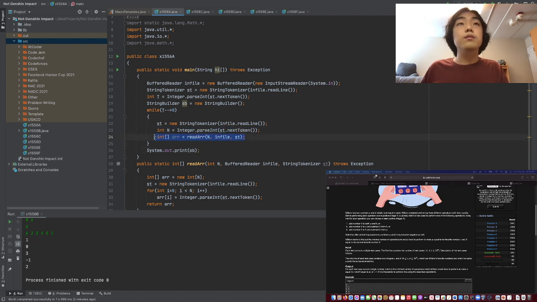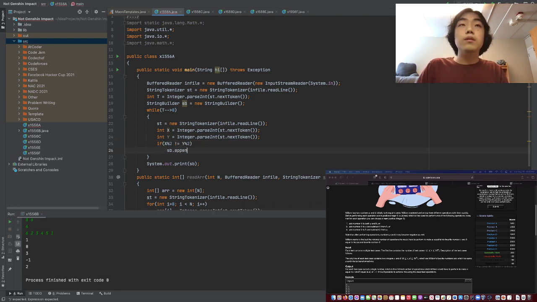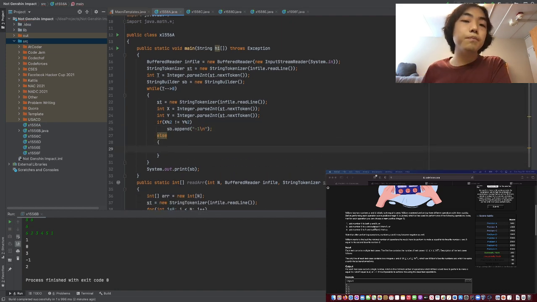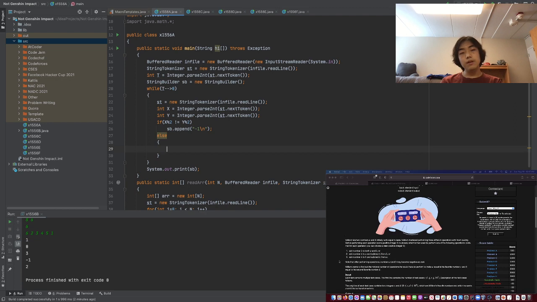Right, oh wait, I guess this is x and y, and we start A and B as both 0. So if x mod 2 is not equal to y mod 2, then it's impossible. Otherwise, I believe it's always possible. And the way we can do this is, well, if we add a number k, they can either both become the same number or they change by an even amount.